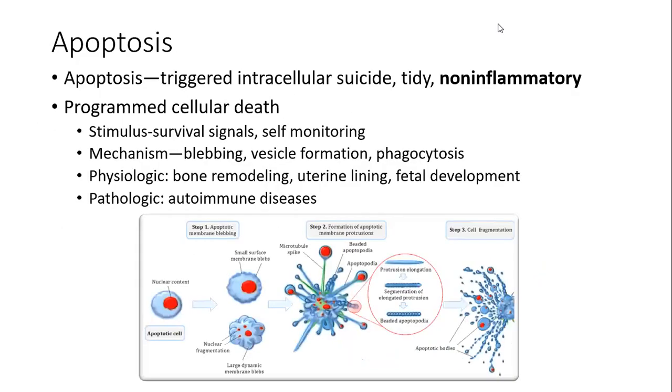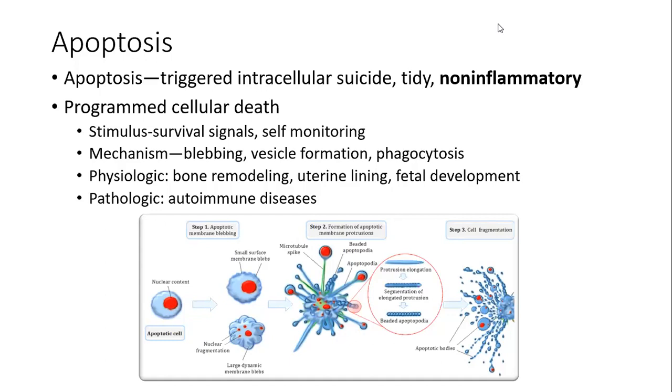Apoptosis is another process which is also physiologic, and it's kind of like shedding of cells. It's triggered intracellular suicide. It's tidy and non-inflammatory. It is programmed cell death, usually stimulated by survival signals or self-monitoring.